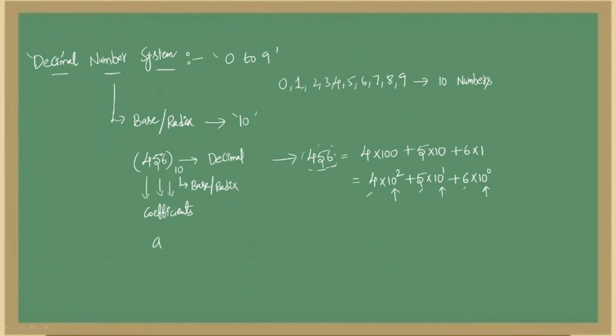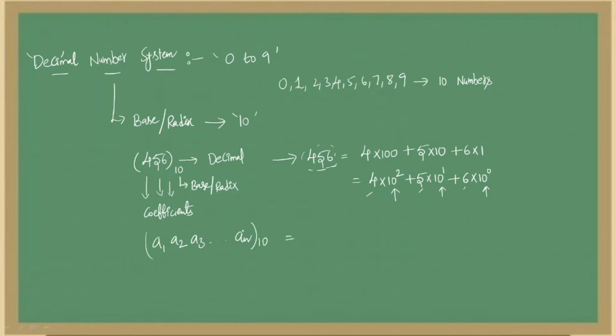For an integer value, I assume the coefficients as a1, a2, a3 and so on, up to an. These are the coefficients represented in a decimal number system.